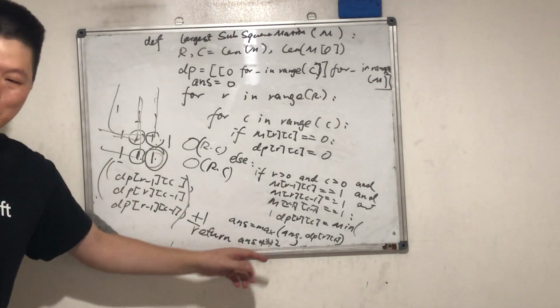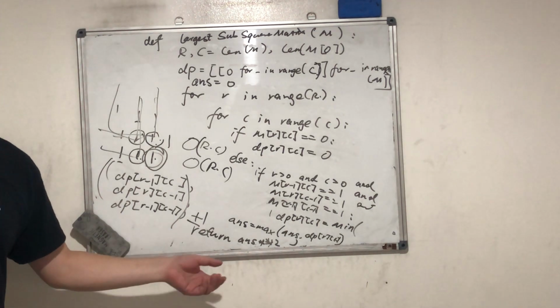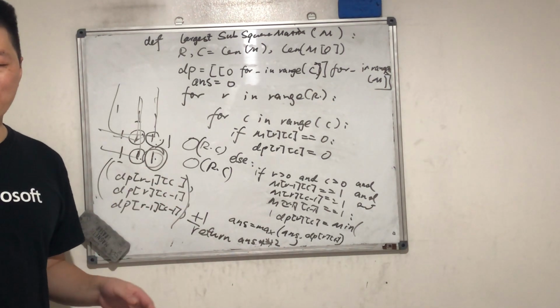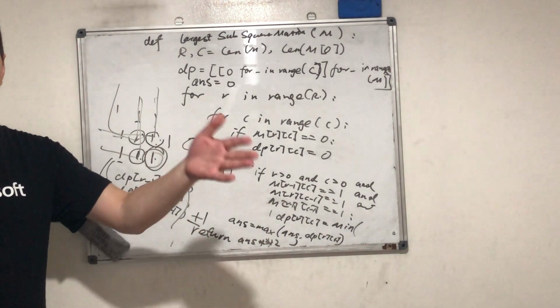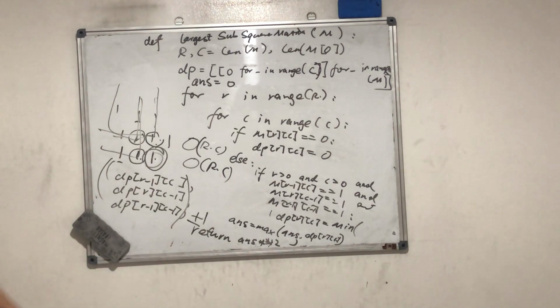And then we need to multiply it by itself. What does it mean? Because you have one side of the square and you deal with the other side. It's the formula to compute the area given the side, right? Like if a square's side is 5, then its area is 5 times 5. Yeah, that's exactly what it does.